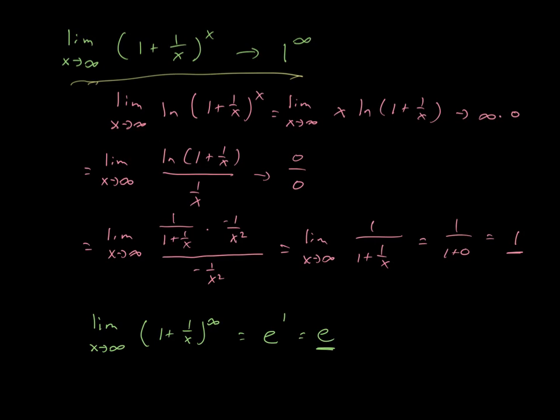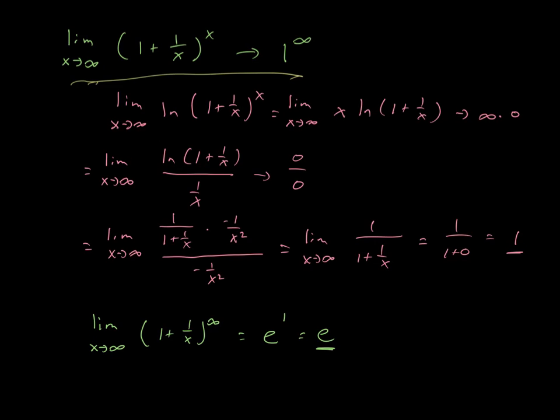Using that property that multiplying by something is the same as dividing by its reciprocal, I can say multiplying by x is the same as dividing by 1 over x. So I have this one, and as I take the limit as x goes to infinity, that gives me 0 over 0. So I now can apply L'Hopital's rule. I take the derivative of my numerator.